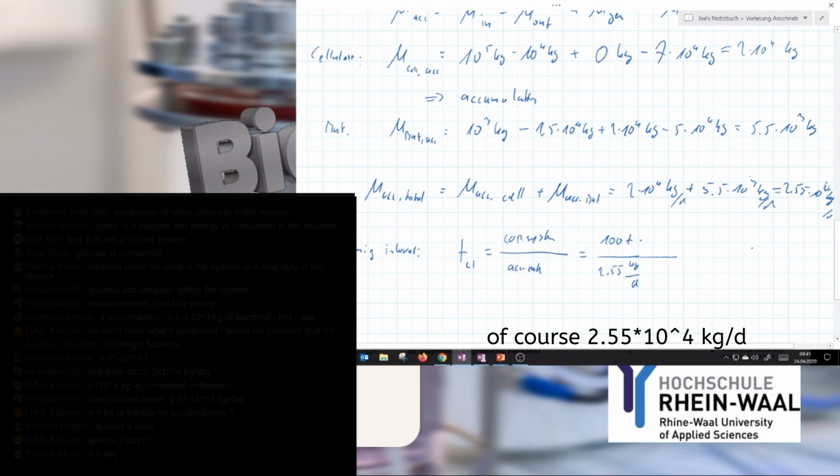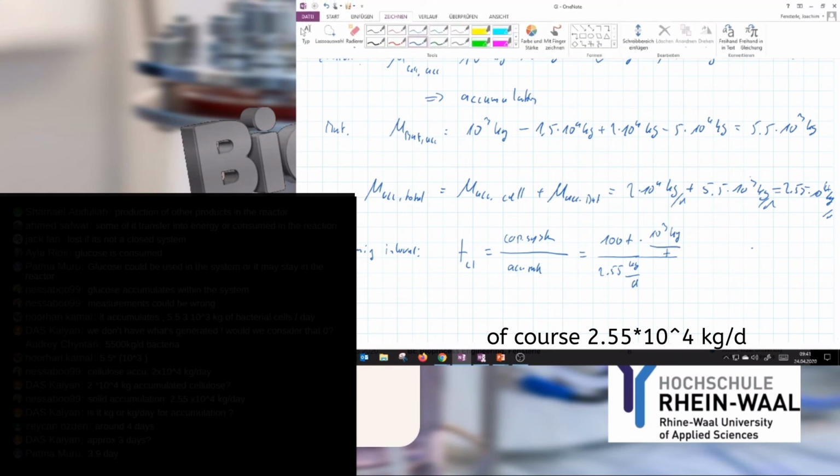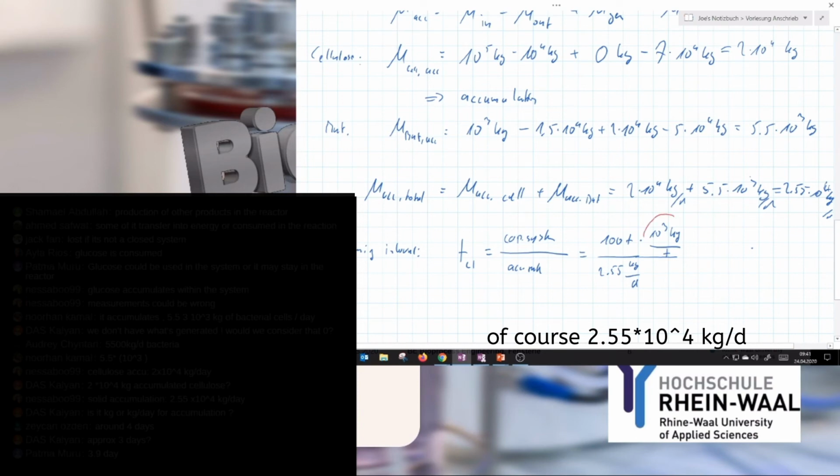So 10 to the 3 kilograms per ton. So this here is the most essential thing in the complete calculation. This is this conversion, and always do it like this. This is my recommendation, because here you see that my tons are thrown out and that the result must be correct.